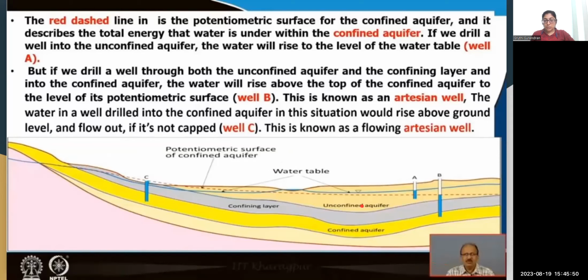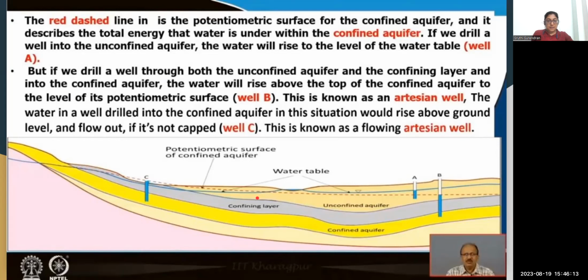Now, when you look at the unconfined aquifer, where there's no confining layer on top, the water table is always going to be under atmospheric pressure. If you drill a hole here and insert a piezometer, that piezometer is always going to show an atmospheric pressure reading.